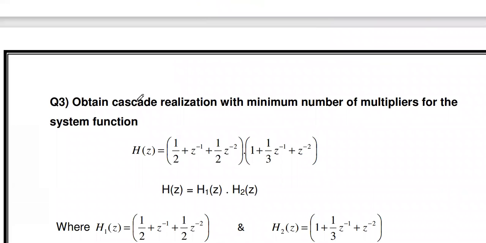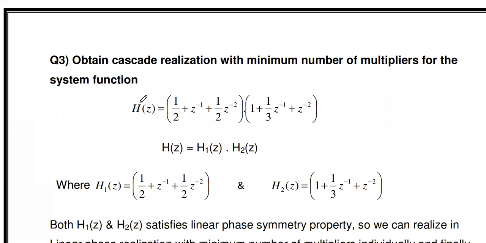This is a somewhat different question. In this third problem, we are going to combine cascade realization as well as linear phase realization. Previously we discussed direct form realization and cascade realization in the previous video. So you know what cascade realization is?